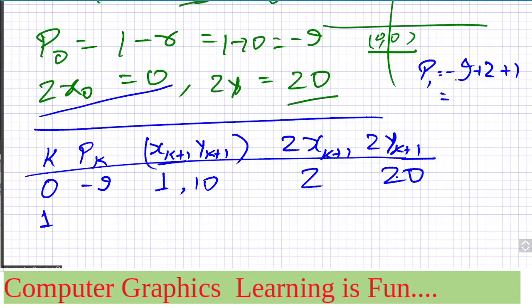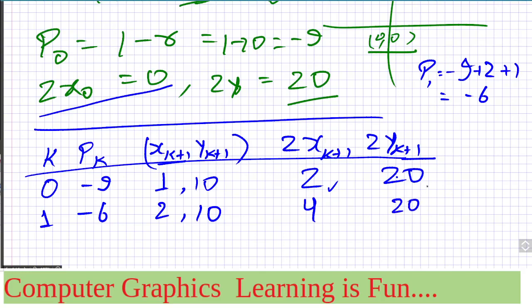It will give us minus 9 plus 3, which is minus 6. Still this value pk is negative. Since it is negative, what we have to do? X will increase, y will not increase. So x will be 2 and y will be 10 only. Now we can calculate again 2x: the last one plus 2, which is 4, and this will not decrease.